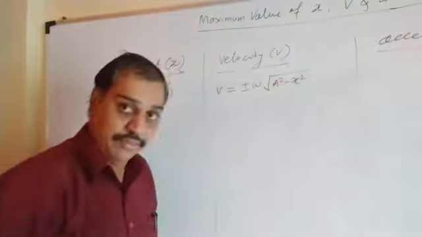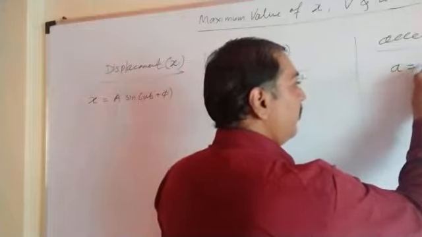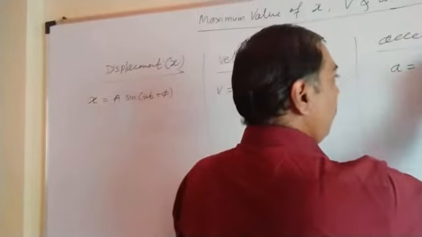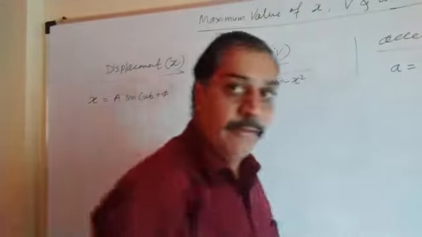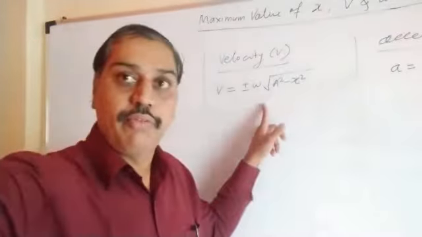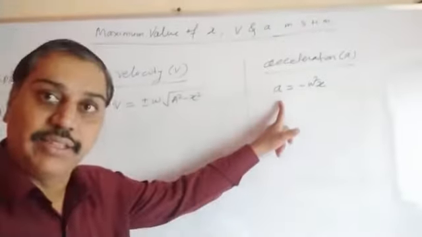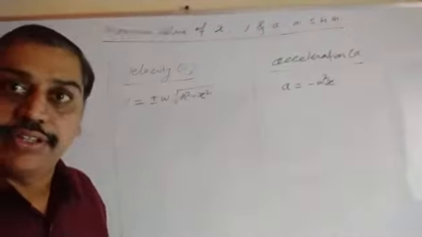I hope you know these equations. Then we derived the formula for acceleration: a is equal to minus omega square x. So this is the formula for displacement, this is the formula for velocity, and last, this is the formula for acceleration that we have already derived from the differential equation.